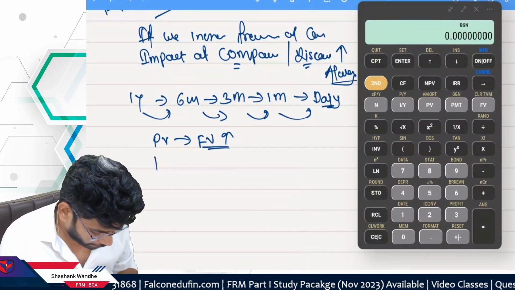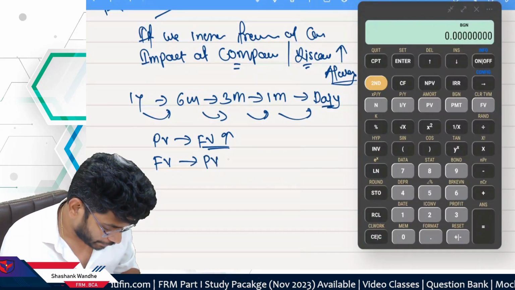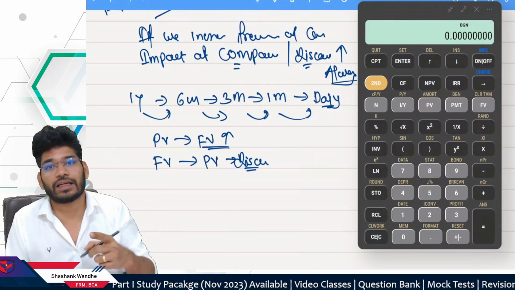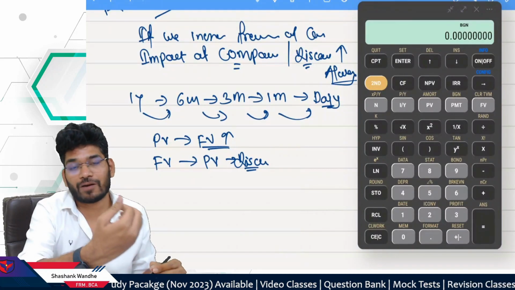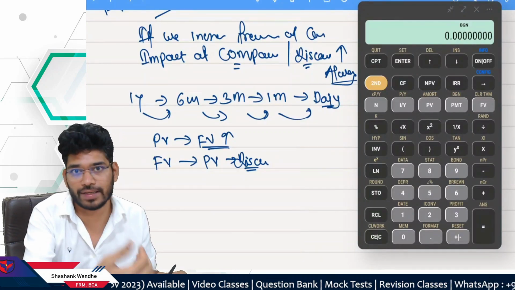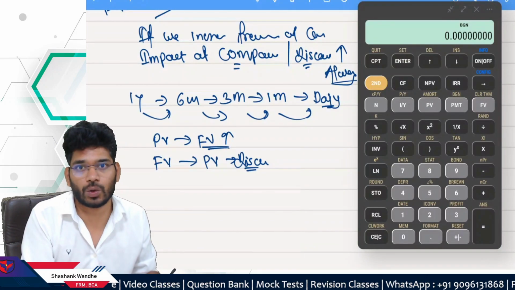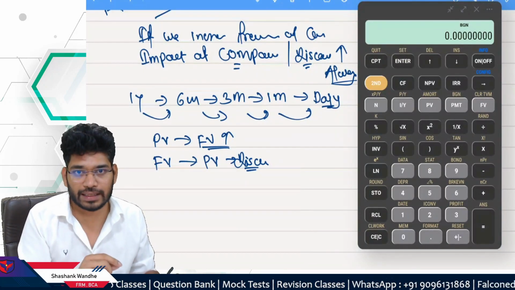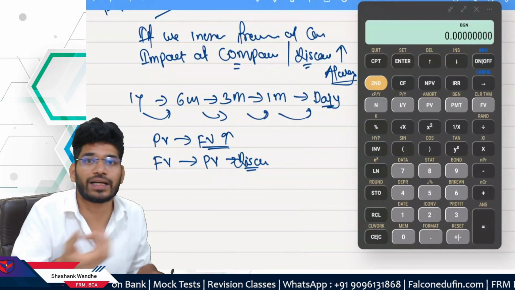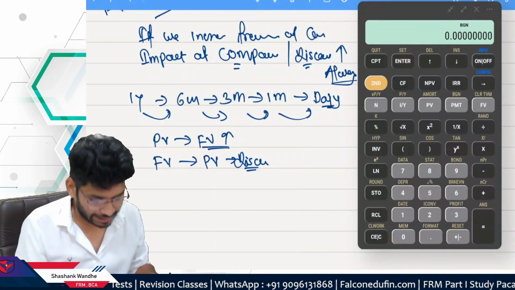Second, when you are calculating present value from the future value, then we are discounting, and the impact of discounting will increase, meaning there will be higher discounting if you take a higher frequency. So the value will become lower and lower with the increase in frequency. Discounting reduces the future value to present value, so the reduction will increase.